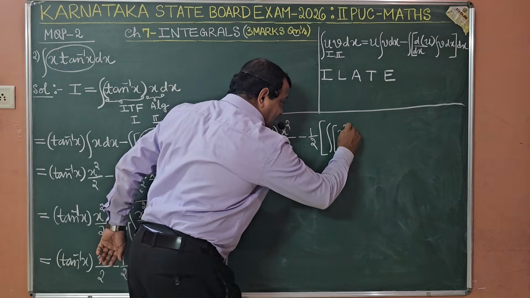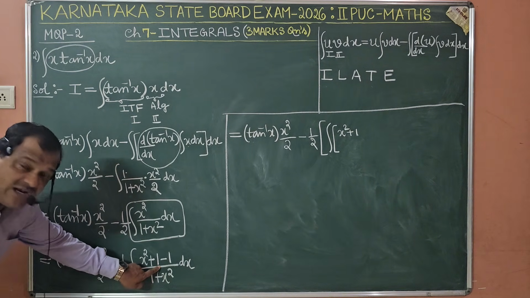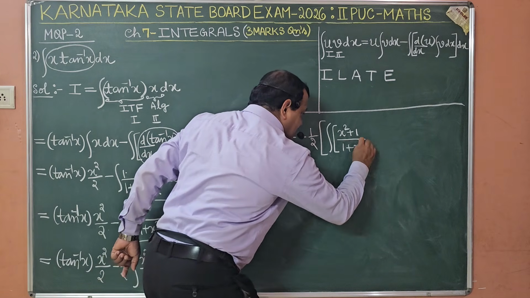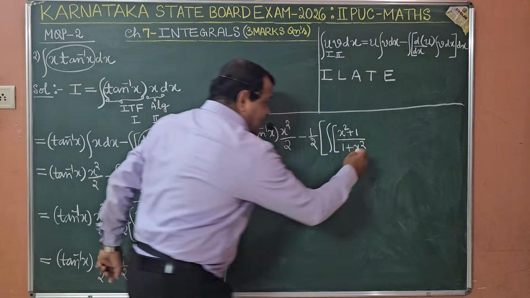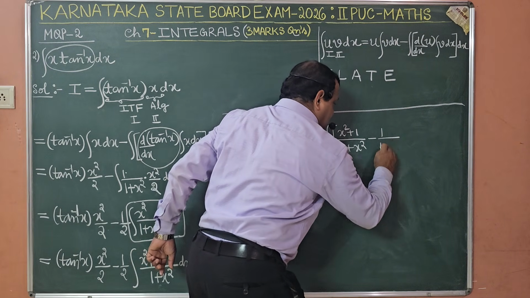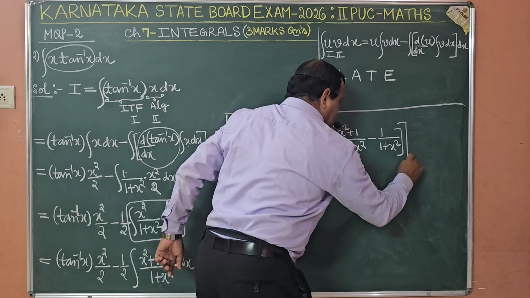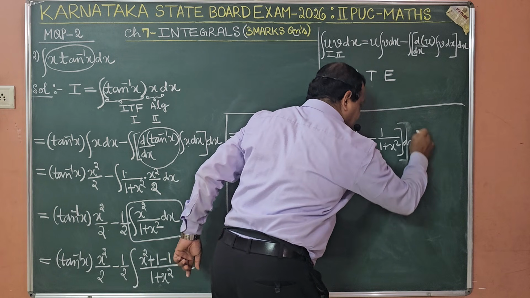The first term I can take x square plus 1, divided by 1 plus x square, and the second term I can take minus 1 by 1 plus x square. Whole bracket I will close, and of course dx.